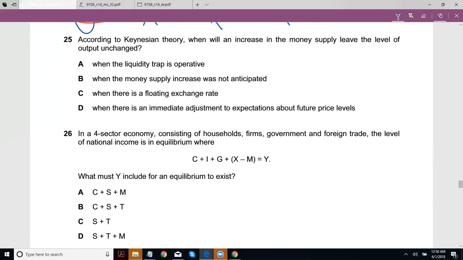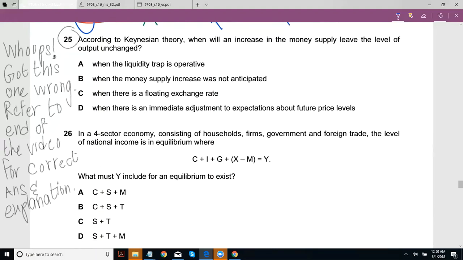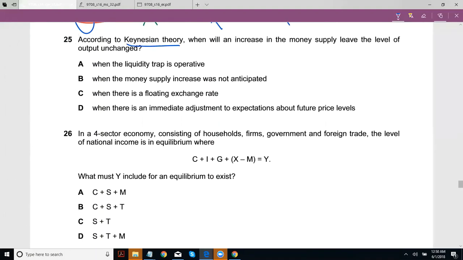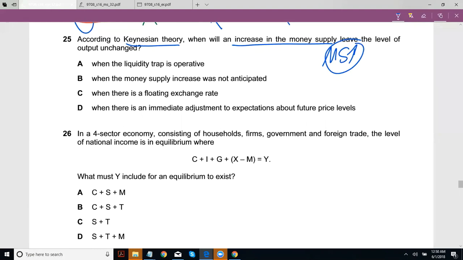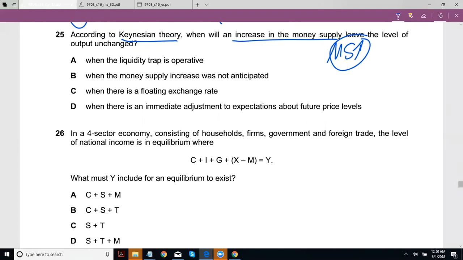According to Keynesian theory, when will an increase in the money supply leave the level of output unchanged? When the liquidity trap is operative? Well, it could happen, because the liquidity trap is something that Keynes himself pointed out.